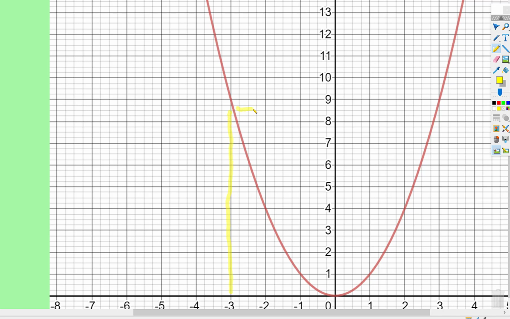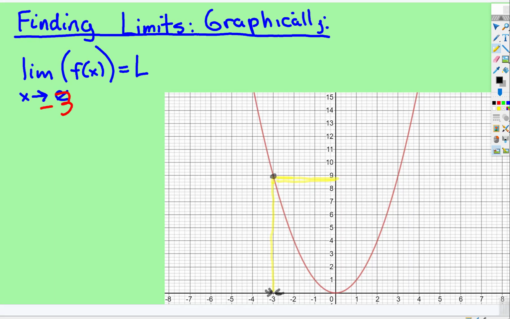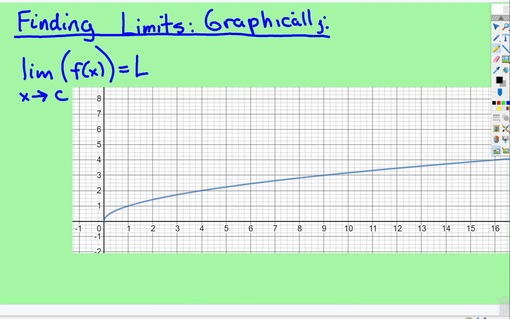Right there. And where is that getting infinitely close to? Well, it's actually right there, up there at 9. So graphically, you can see that as we approach -3, infinitely close, the height will get infinitely close to that 9. Okay, and so it just continues.